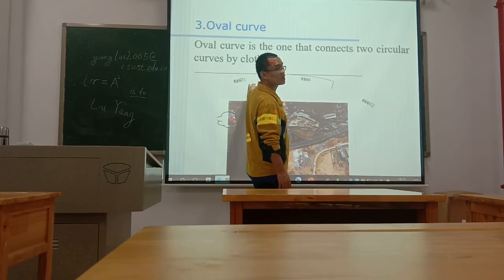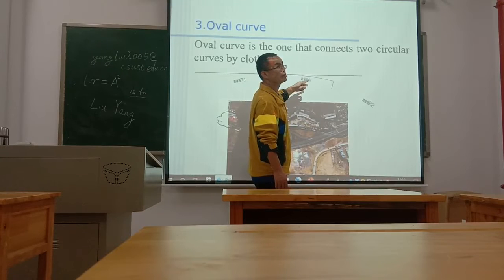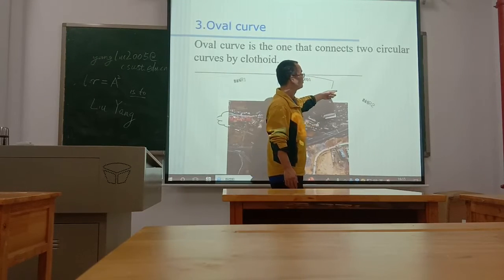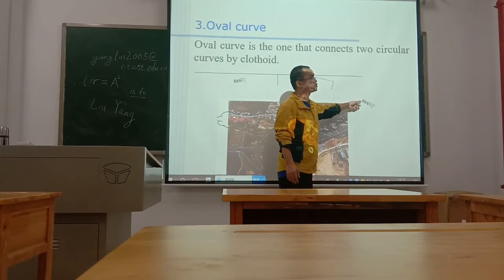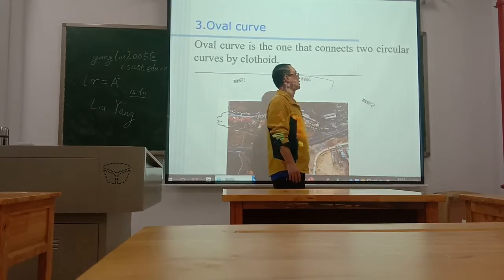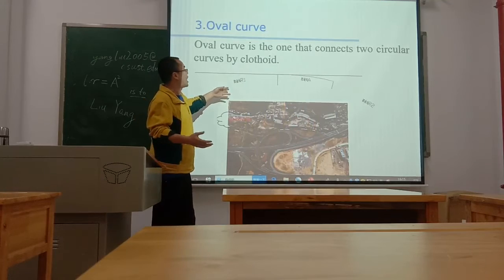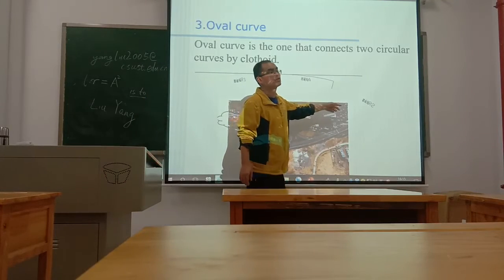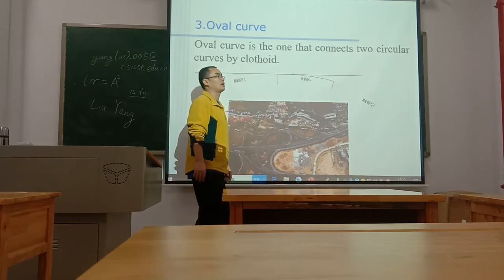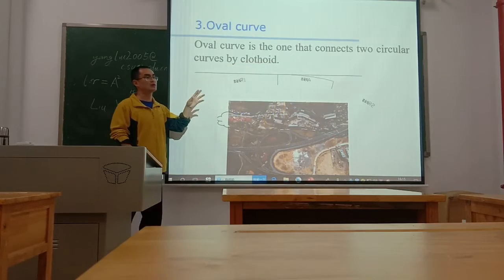This circular curve 1 has the same turning direction as circular curve 2, and the radius R1 is different from R2. R1 is not equal to R2.